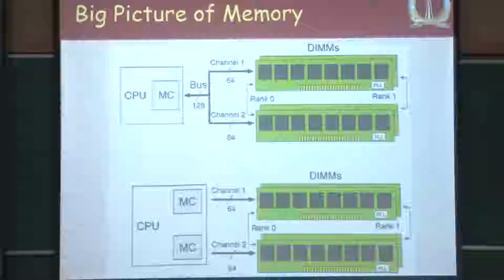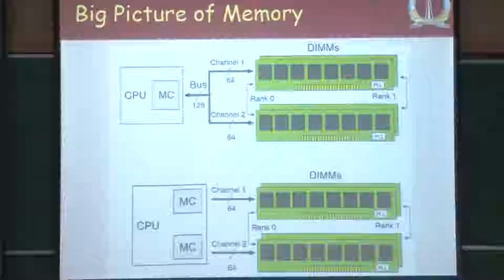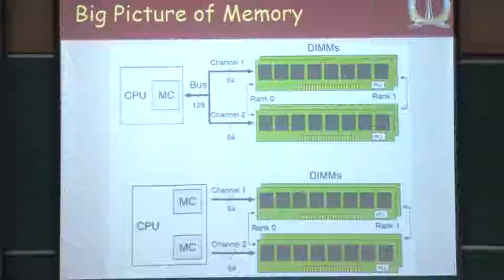Now, when you talk about DIMMs and when you talk about these things being connected to the processor, the picture that should come to your mind is something like this. So, there is a CPU, there is a memory controller, and from the memory controller there could be a bus, which could be divided into two channels, channel 1 and channel 2.